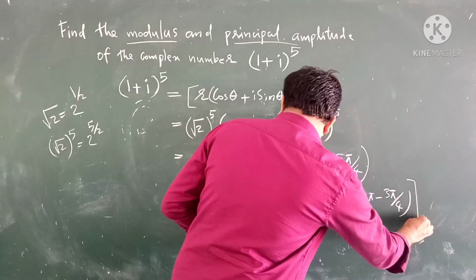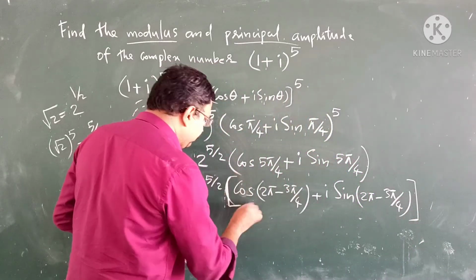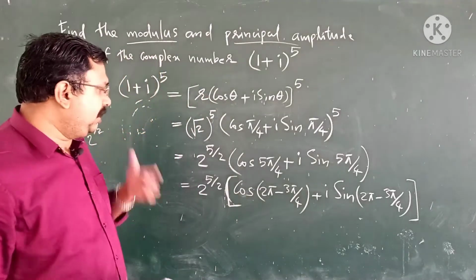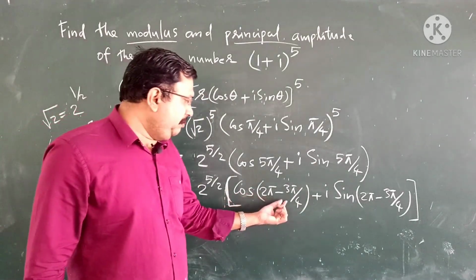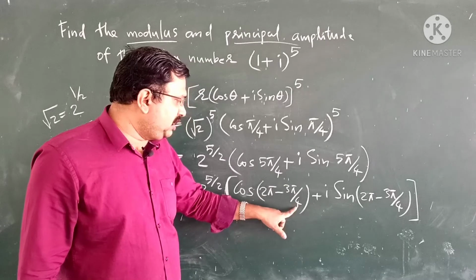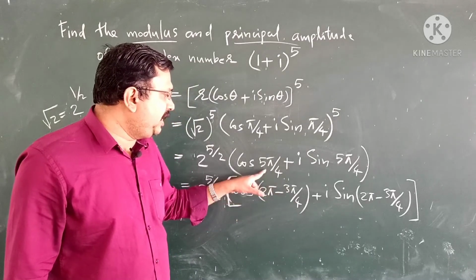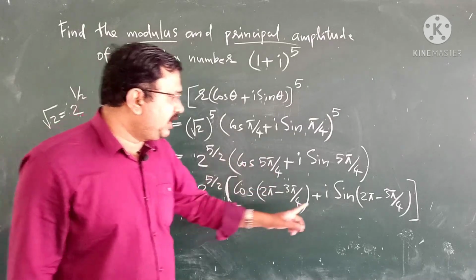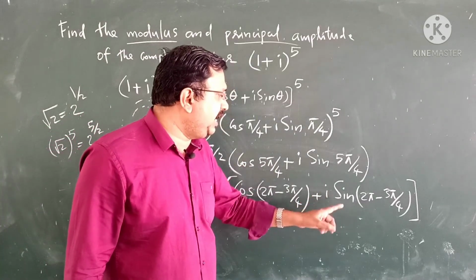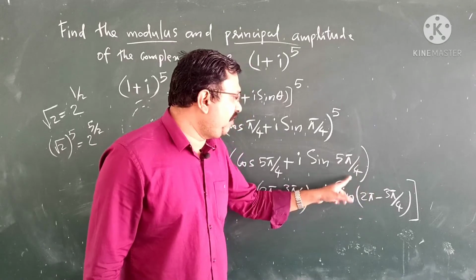The bracket is closing here. Remember that 2 pi minus 3 pi by 4, taking LCM 4, is 8 pi minus 3 pi, that is 5 pi by 4. Here also plus i into sin of 5 pi by 4.